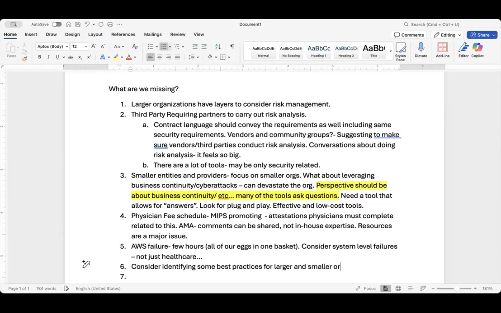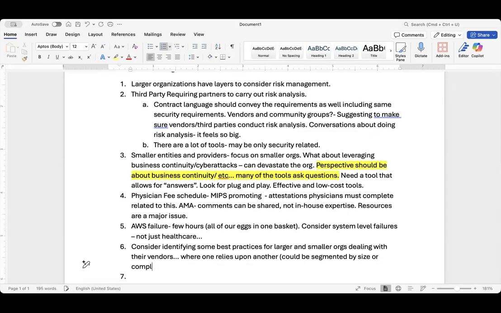It wasn't internal, it was external. And maybe that's an opportunity, because it also applies to small physician practices that rely on outside folks, and just give them some best practices. It could be segmented by organization size or complexity. And maybe it's already been done and it's just a question of bringing some resources together.